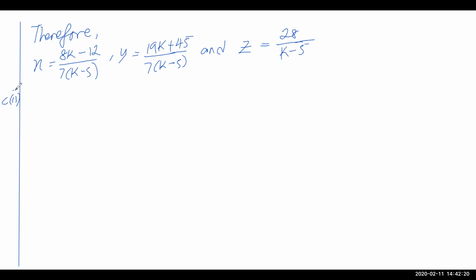I don't know. In C1, it says show that for all other values, there is a unique solution. That's what we have just done.